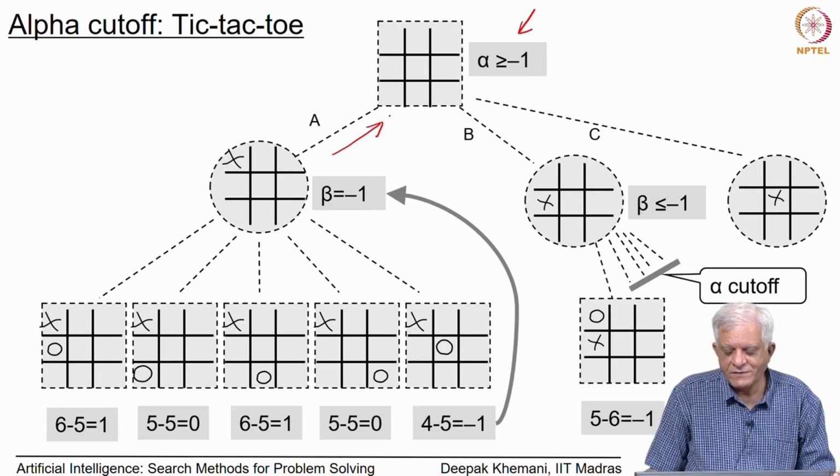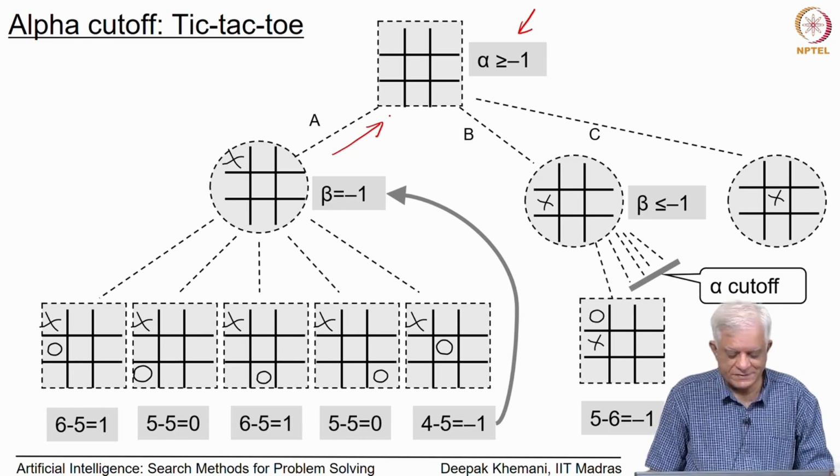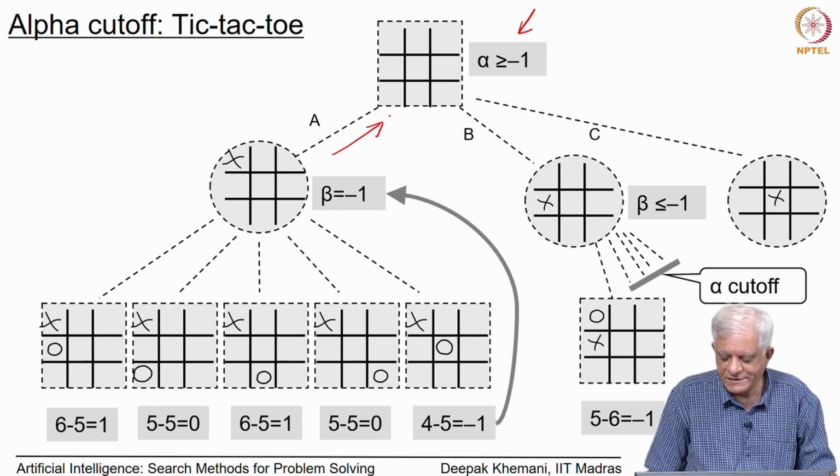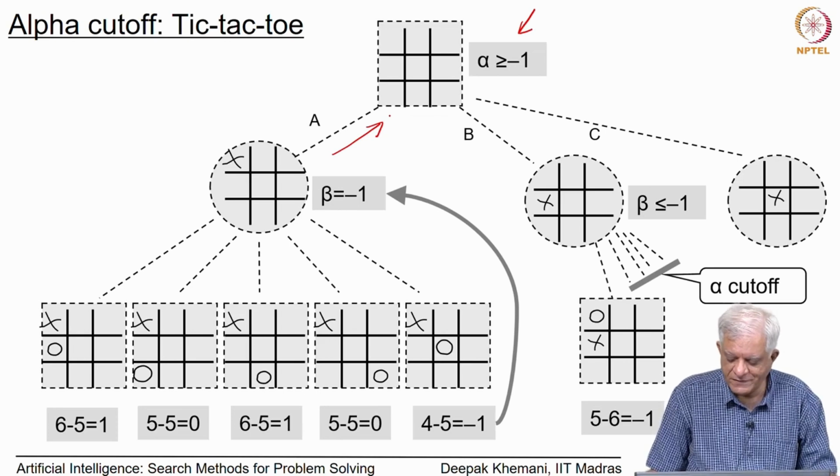But imagine that instead of doing 2-ply search, we were doing 8-ply search, then the subtrees below all those 4 successors would have been cut off. So, pruning can sometimes be quite drastic, which is of course good because the program will terminate faster.